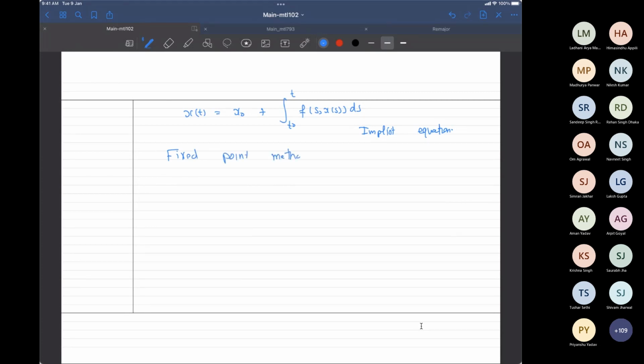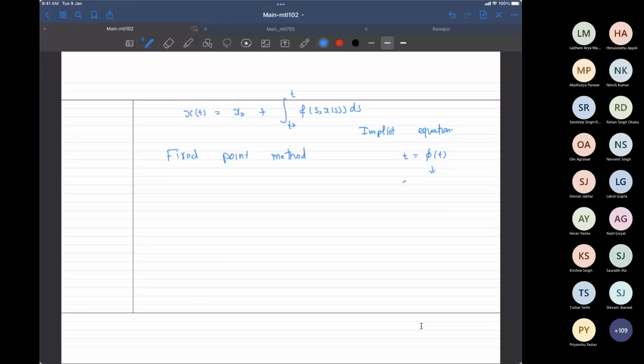Now this is not the fixed point method you have seen in the first year calculus course. You recall that if you had an equation like x equal to phi of x, let's write t instead, so to solve t equal to phi of t, you had some appropriate condition on phi.